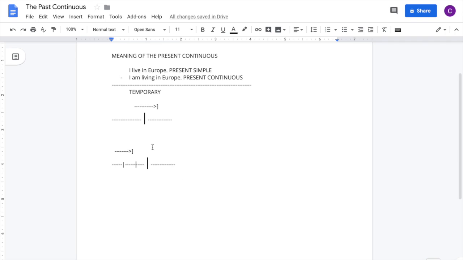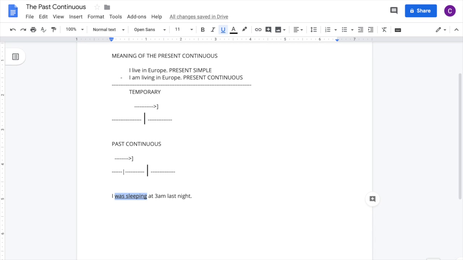So let's look at an example. I was sleeping at 3 a.m. last night. All right, so I was sleeping. Here's a temporary activity in the continuous.